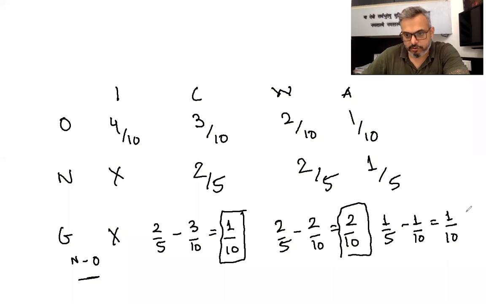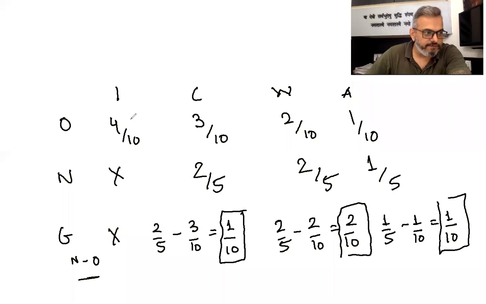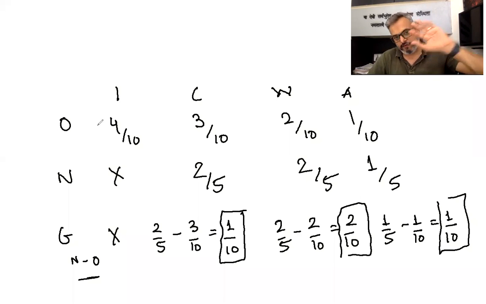So check कर लो. 1 plus 2 plus 1, 4 by 10, और ये भी 4 by 10. So gain of C plus gain of W plus gain of A is sacrifice of I, या I is going. तो उसका हिस्सा जा रहा है.